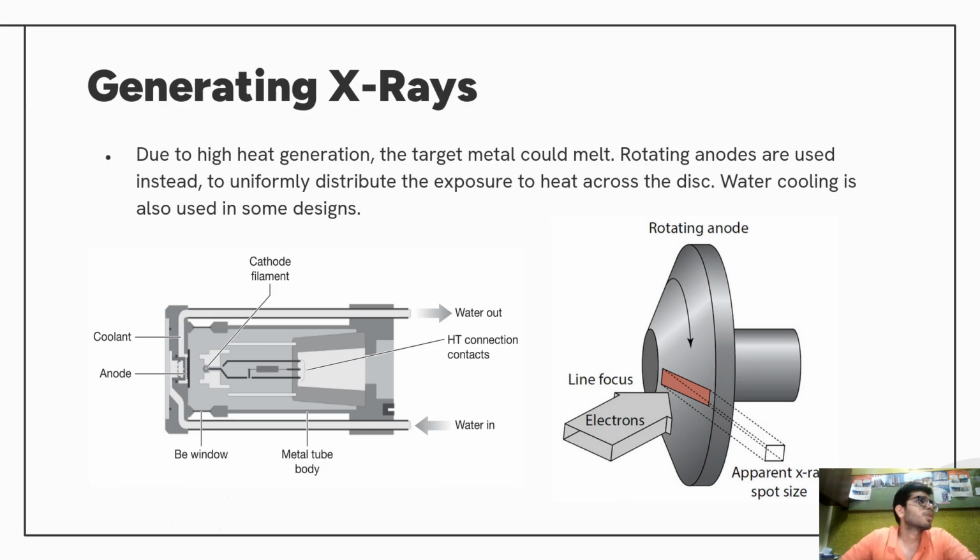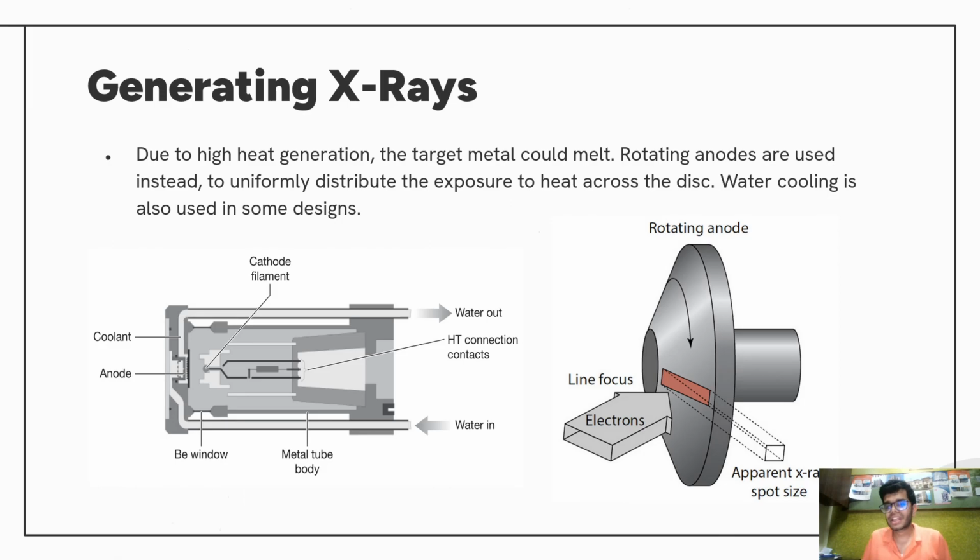The problem with this process is that it is very inefficient. Most of the energy is dissipated in the form of heat, which could lead to melting of the anode. To overcome this issue, we use what's called a rotating anode.